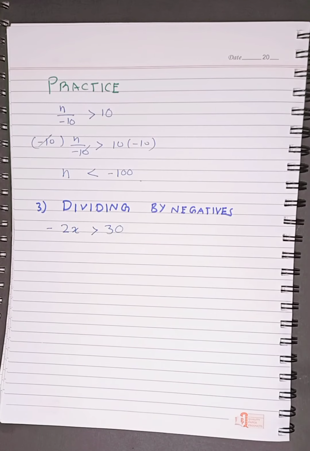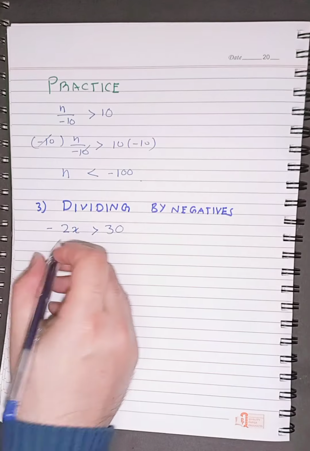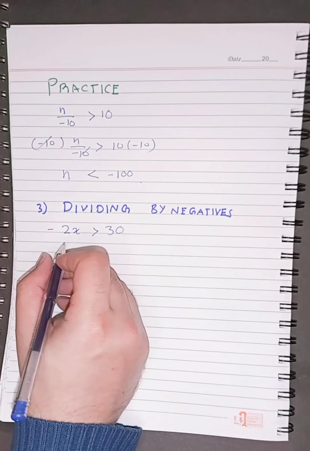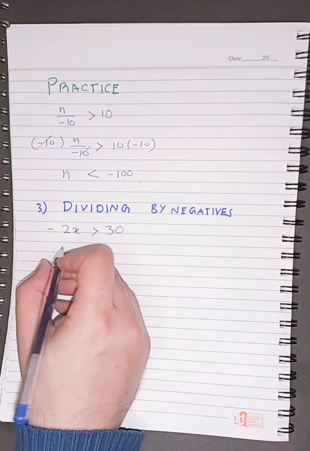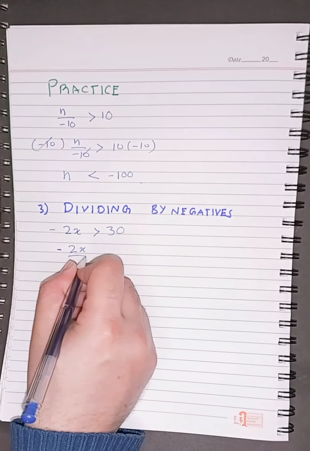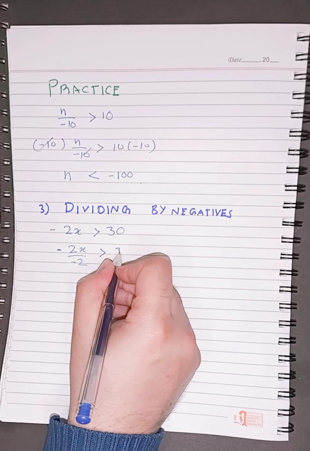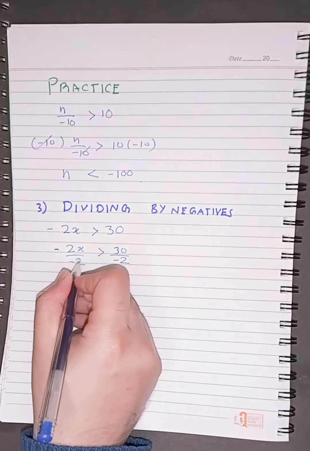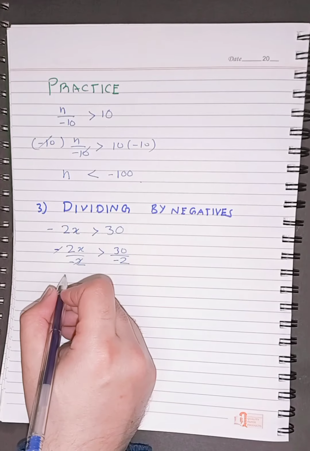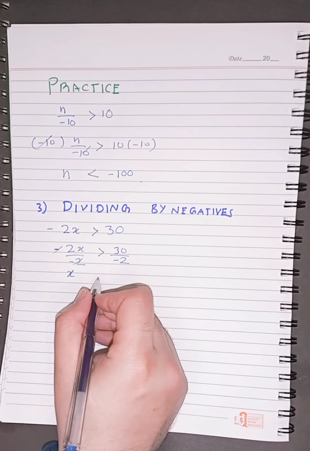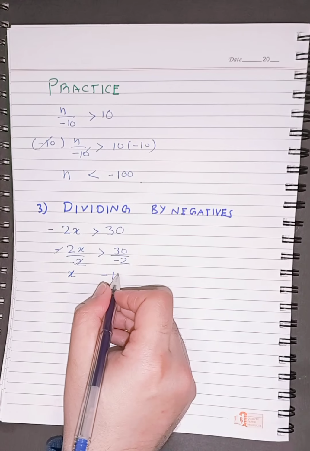In order to solve this inequality, we will divide by negative 2 on both sides of the equation, like minus 2x over minus 2 greater than 30 over minus 2. Minus 2 and minus 2 cancel out. You have x here, and you have minus 15 here.